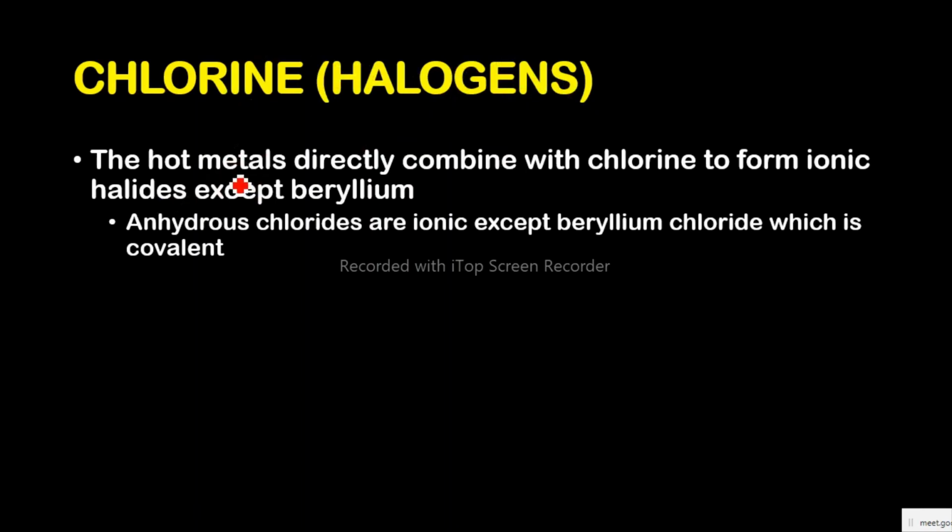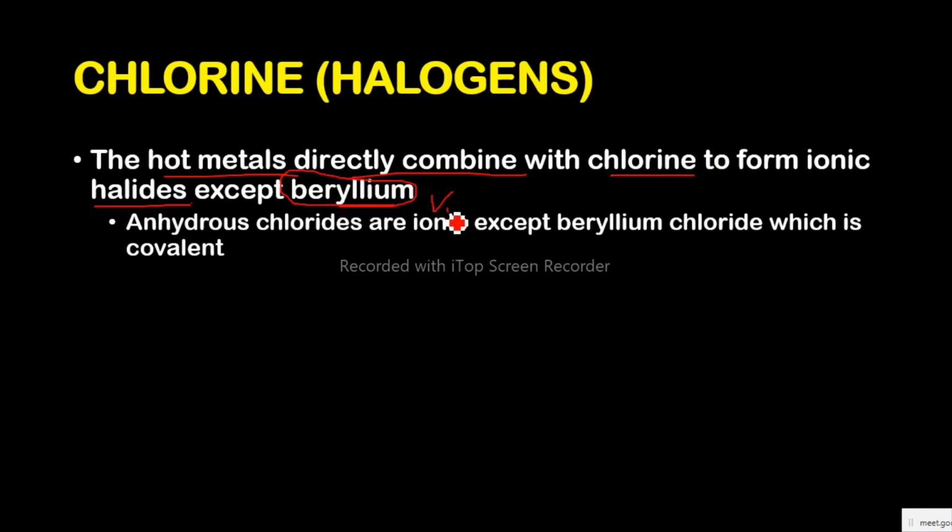So, let's see the chlorides of these elements. Now these hot metals, they do react with chlorine gas when heated. Obviously you have to first heat it. And it will combine with chlorine gas directly to form a chloride, which is a salt. And the chloride formed is ionic in nature, except with beryllium.